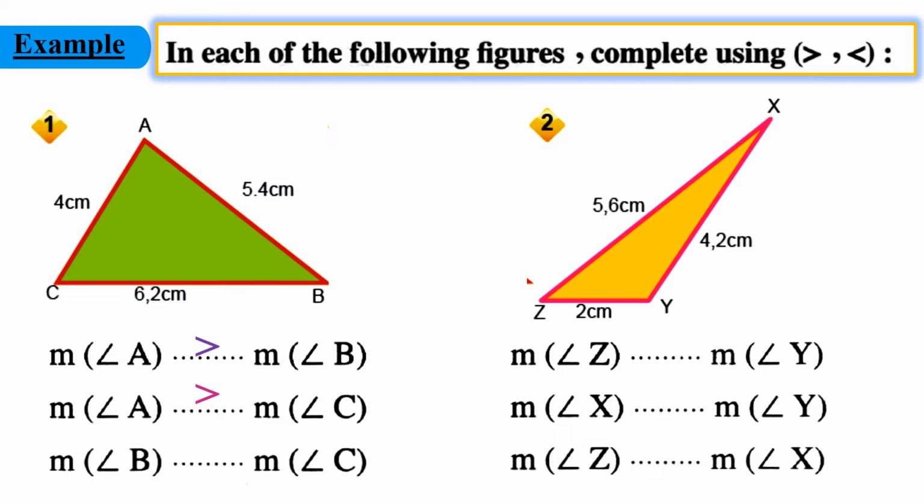Which is greatest, 6.2 or 5.4? 6.2 also is greater, so the measure of angle A is greater than the measure of angle C.